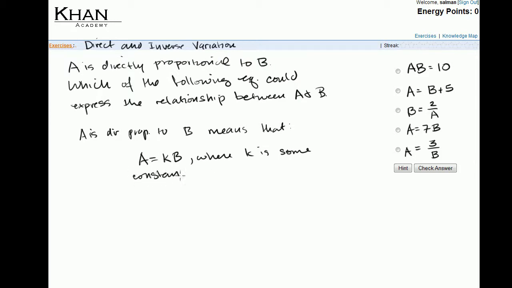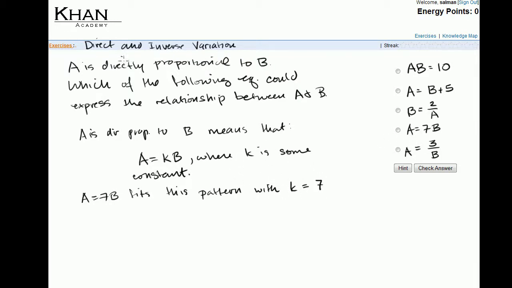And depending on how you do it, if this was the choice, you could immediately say that A is equal to 7B fits this pattern, with K equal to 7.